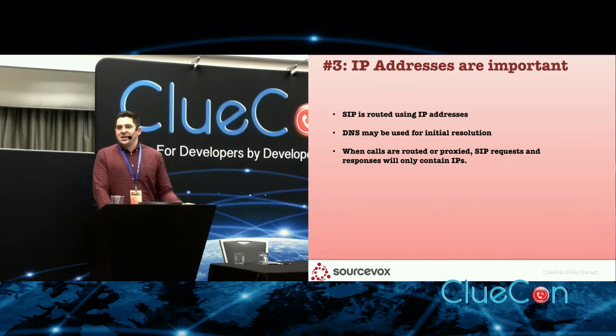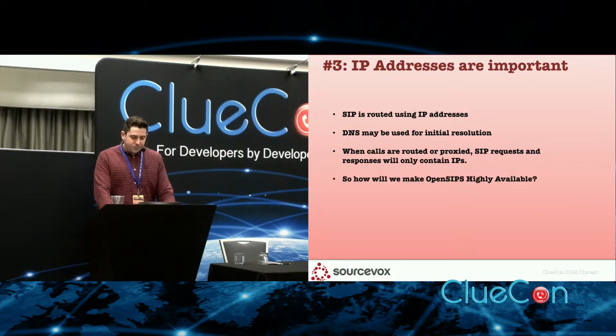If you've got a call that's lasting 2 hours, the entire proxy chain that call is going to go through, and the IP addresses they listen on, have to remain available for the entirety of that 2 hours. It's almost like a 2-hour-long session. And this is important when we come to try and make OpenSIPS and any VoIP platform highly available.